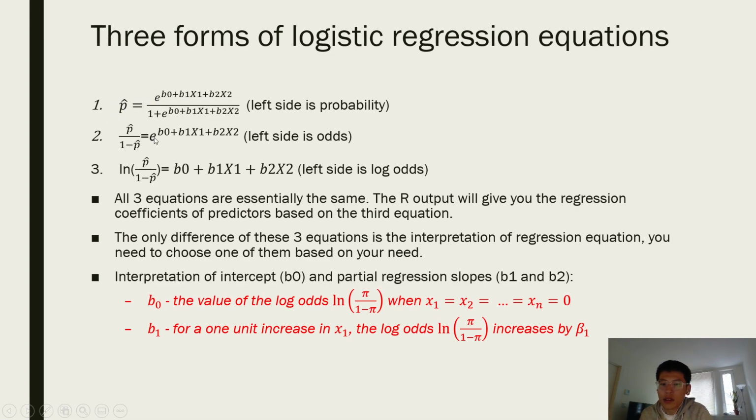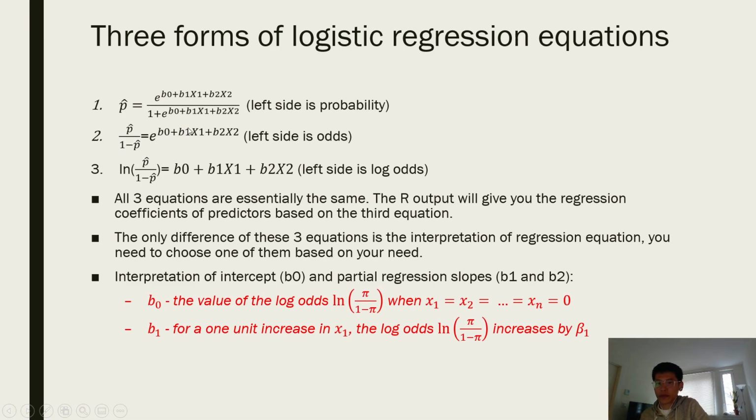Okay, the second is an odds function, so the left hand side is the odds. You can see here we transform this probability into the odds, which is the probability divided by the probability that it is not happening, so p hat divided by 1 minus p hat.